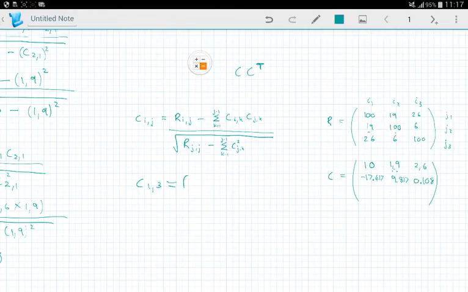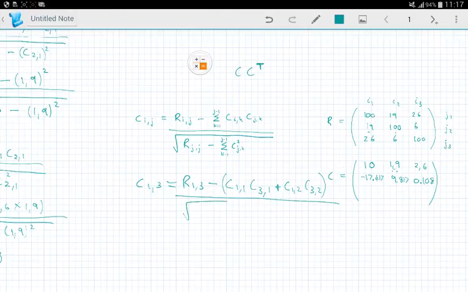So this is going to be equal to R1,3 minus C1,1 C3,1 plus C1,2 C3,2. Okay. Divide this by R3,3 minus C3,1 squared plus C3,2 squared.